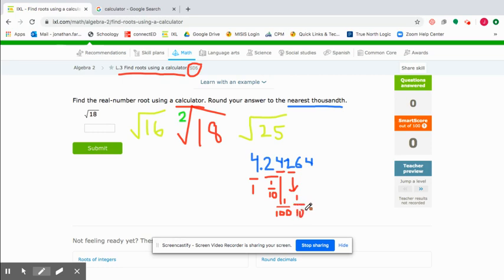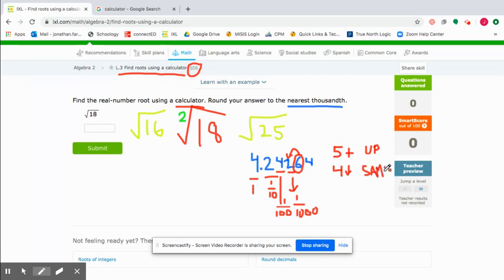So if we're rounding to the nearest thousandth, we need to look at the number after the thousandth place. And since this is a 6, it rounds up. Remember, if it's 5 or higher, then it rounds up. And if it's 4 or lower, then it stays the same.